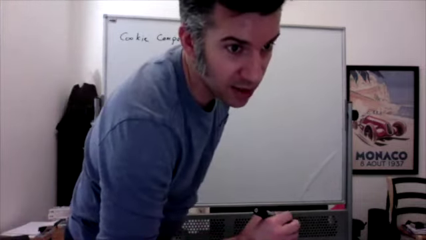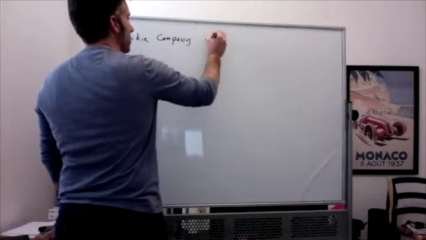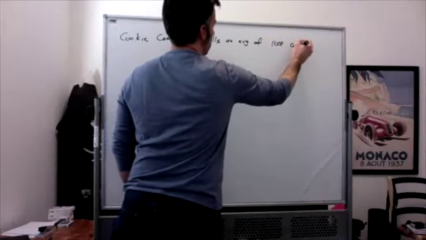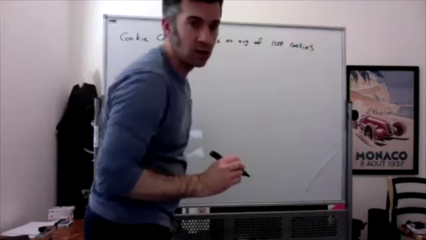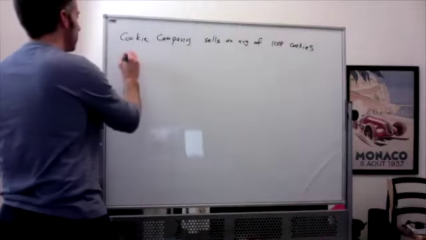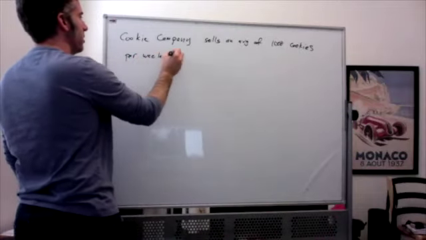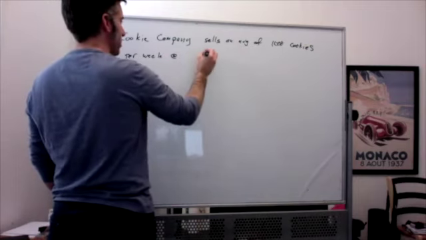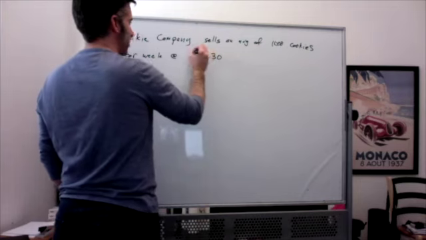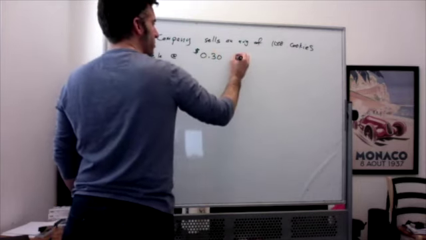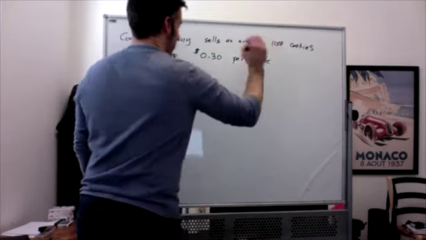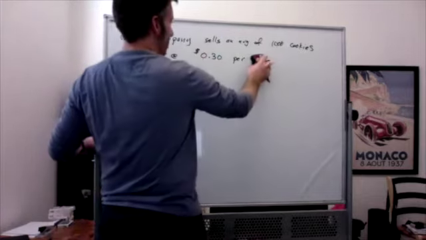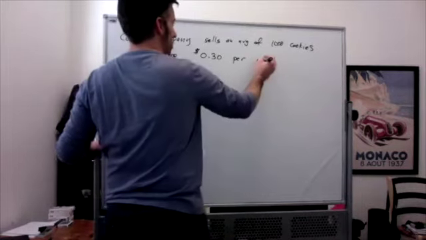A cookie company sells an average of 1,000 cookies per week at a price of 30 cents, so $0.30 per cookie, sorry. We're selling 1,000 cookies per week at 30 cents per cookie.